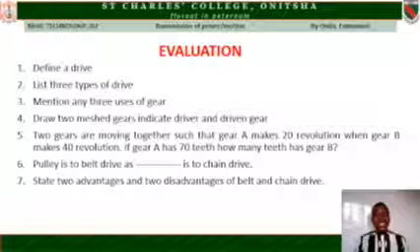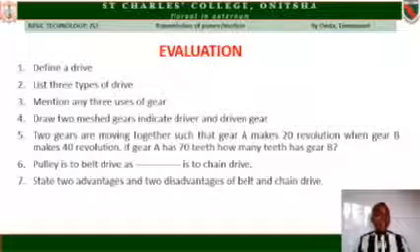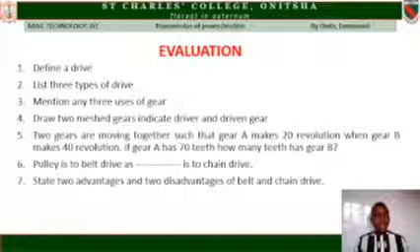My dear students, we have come to the end of this lesson, and I would love to evaluate you with the following questions. One, define a drive. Two, list three types of drive. Three, mention any three uses of gears. Four, draw two mesh gears, indicate the driver and the driven gears.